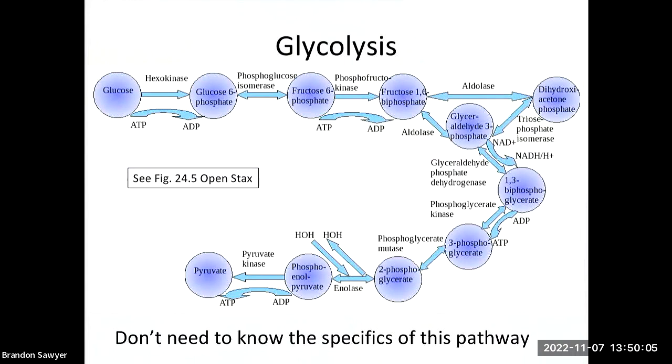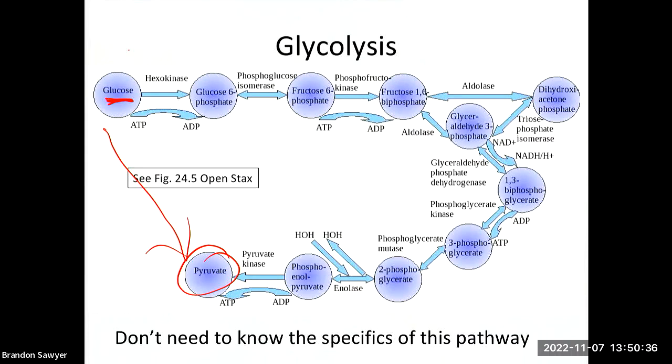Okay. So the next two energy systems, when we're talking about using carbohydrates, they both start with glycolysis. You don't need to know all the details of the glycolysis pathway for this class, but what you do need to know is that it starts with glucose and ends with pyruvate. That's what glycolysis is: taking glucose, breaking it down through a whole series of steps and forming pyruvate.